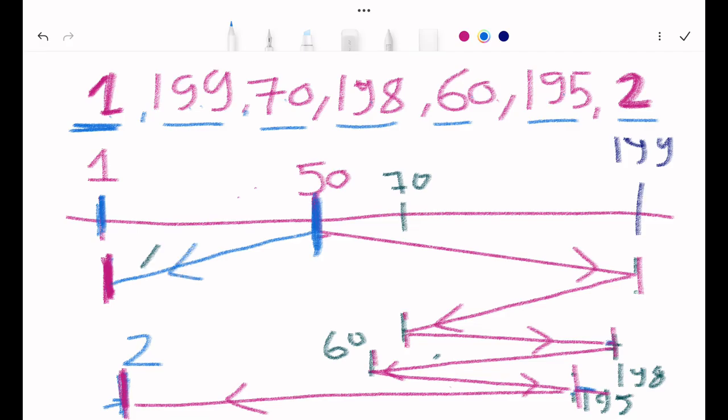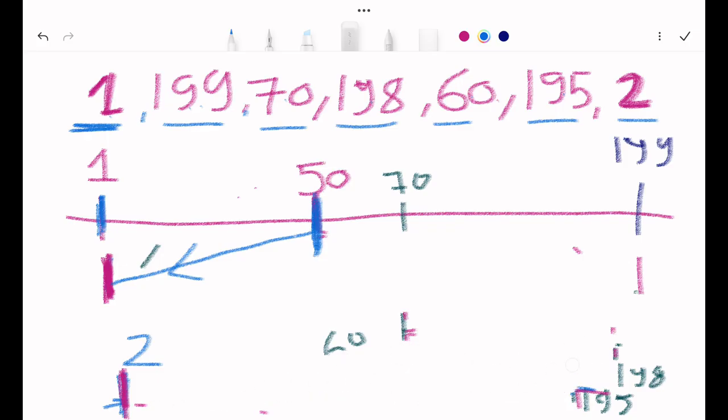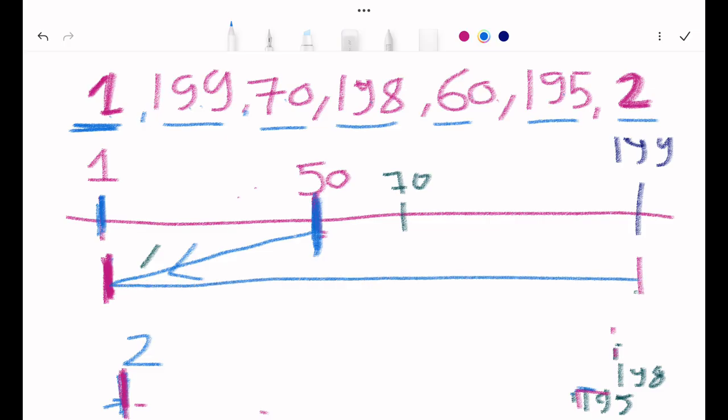Next is 199, I will execute 199. Third, I will execute 70.